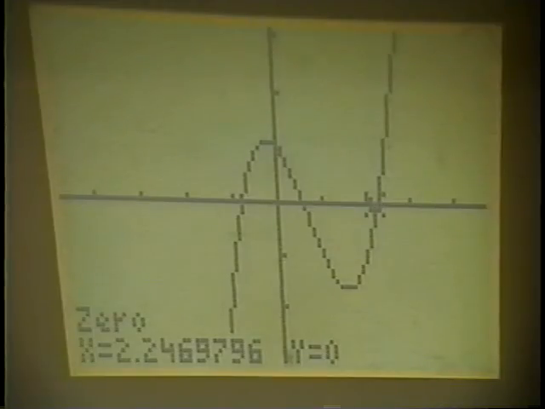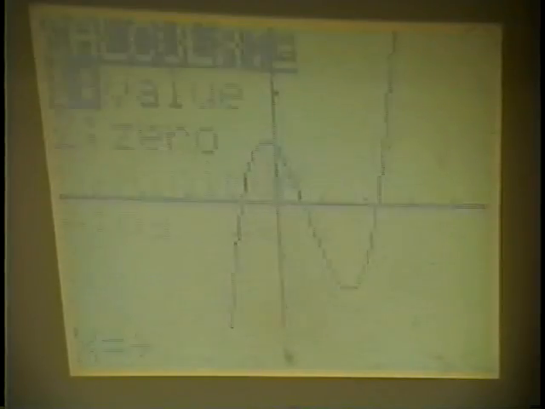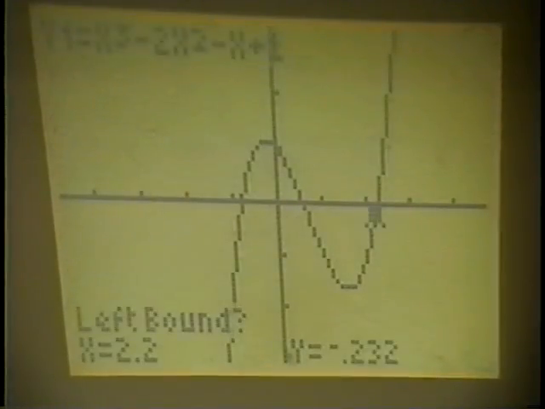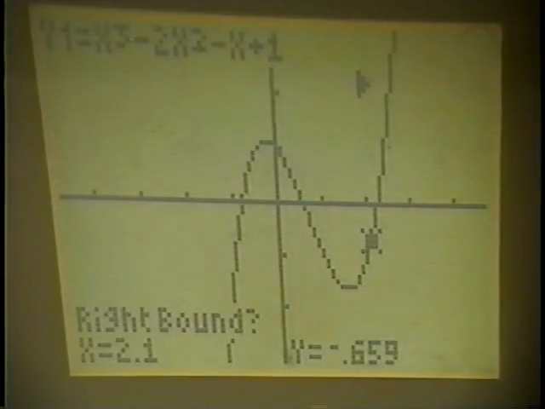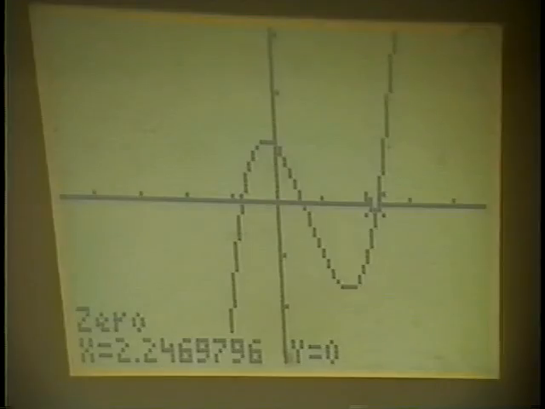And it produces the 2.2, oh, I hit something, sorry about that. Shouldn't have done that. Let's go back, second, calc, 2. It had left bound, right bound, guess, enter, and it gave you the 2.247.